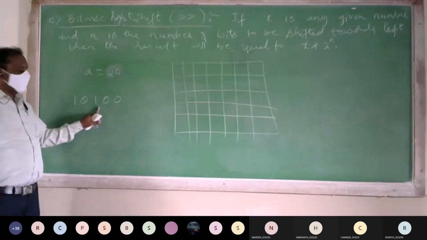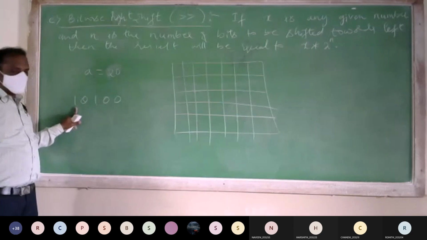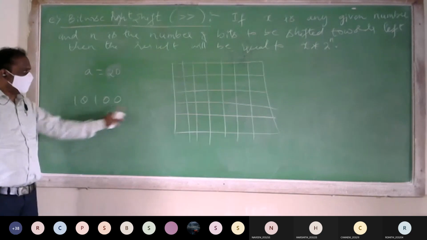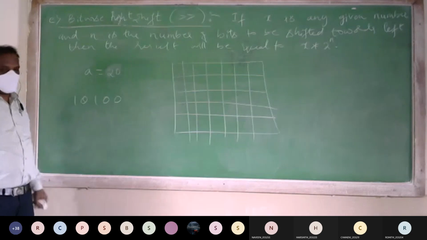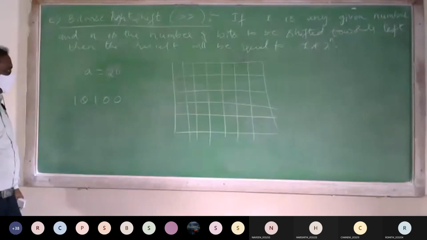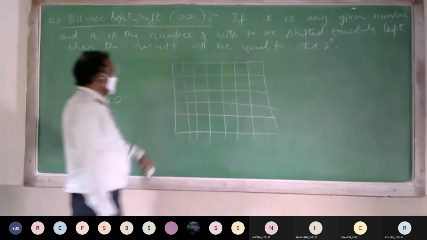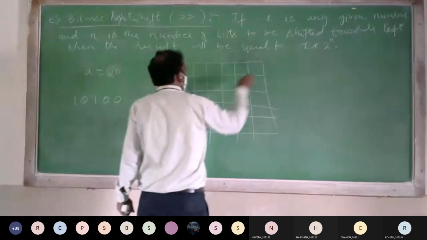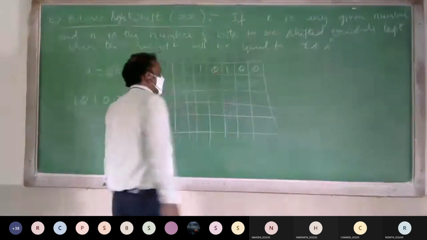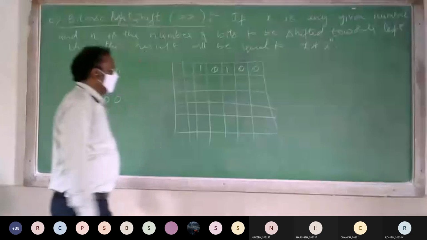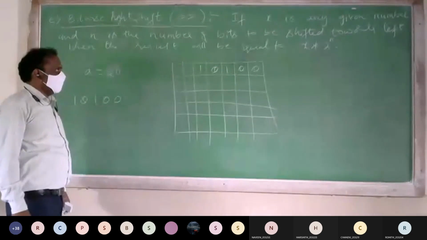So 2 power 2 is 4, 2 power 4 is 16. 16 plus 4 is 20. So this is the binary equivalent of decimal number 20. Now I will write this one in memory. So this is the binary value of 20.